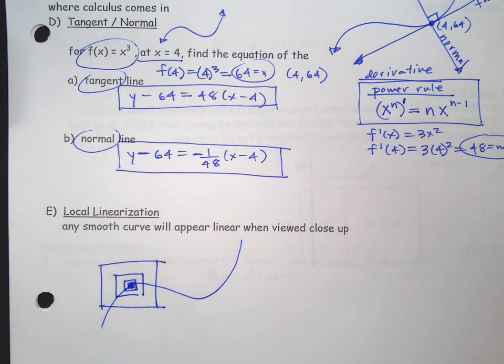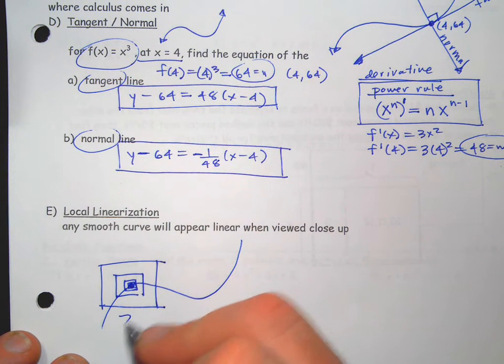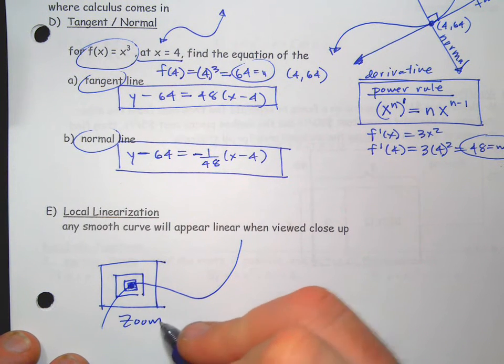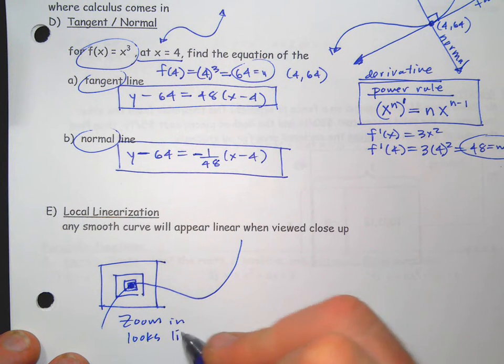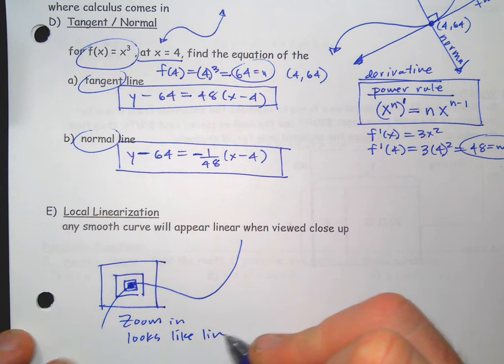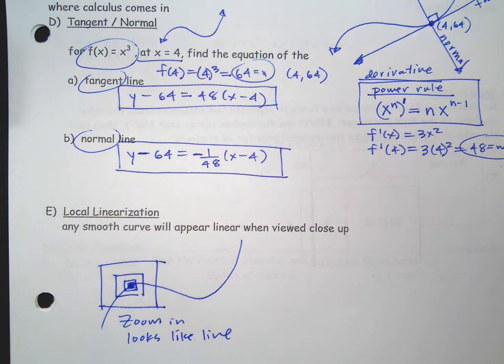It'll look like a straight line. Now, that just seems interesting, but that idea also allows us to create some of the calculus that we're going to use: up close, it's pretty much a straight line. And that helps support some of the big ideas that we develop for calculus.